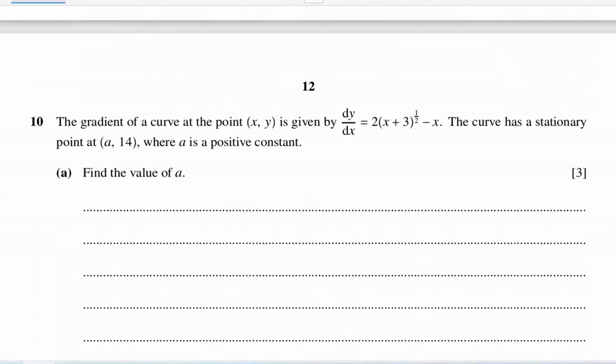So dy by dx is given, and the curve has a stationary point. That means dy by dx is 0 at (a, 14).